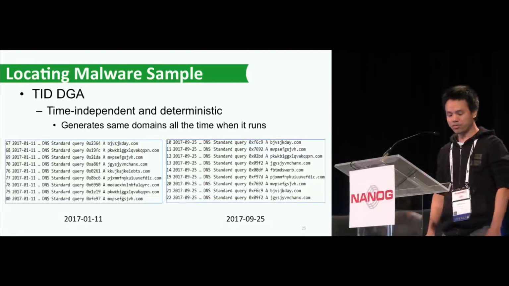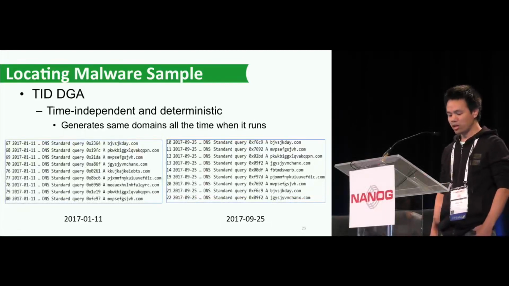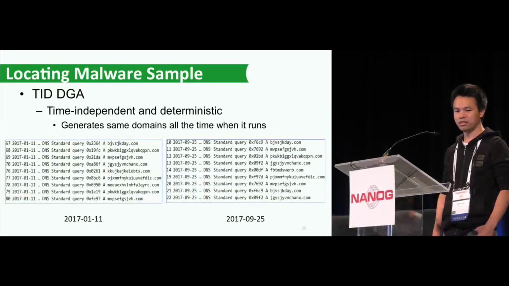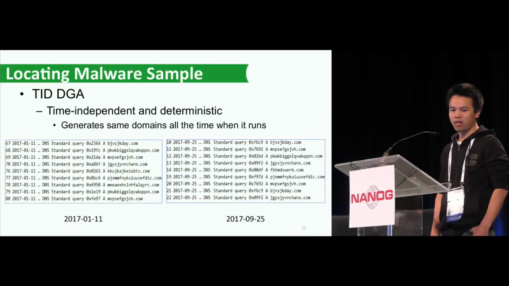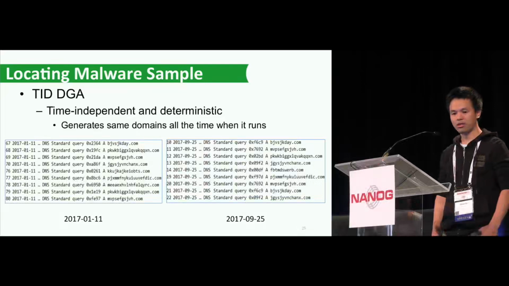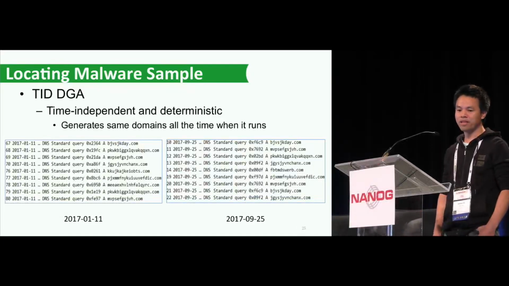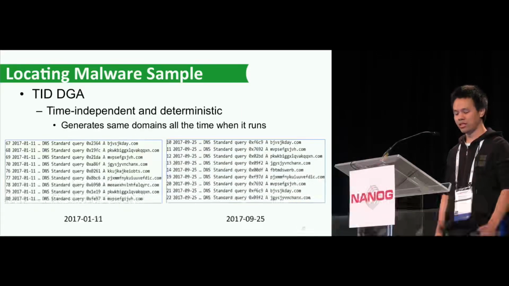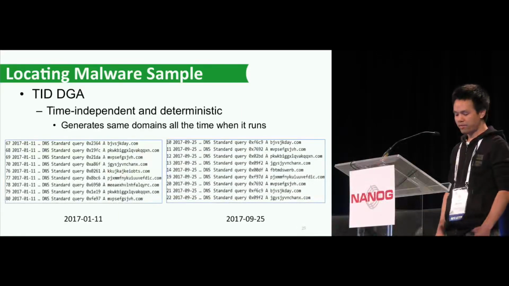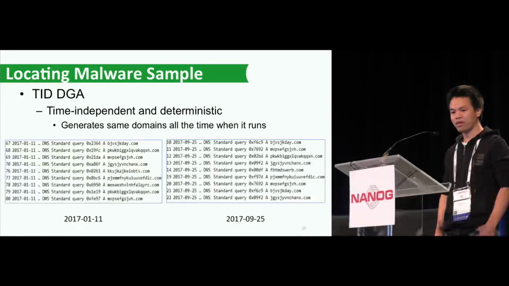In general, DGA can be divided into two categories. One is TID, the other is TDD. We will talk about TID first. TID stands for time independent and deterministic. That means the TID DGA will generate the same domains all the time when it runs.